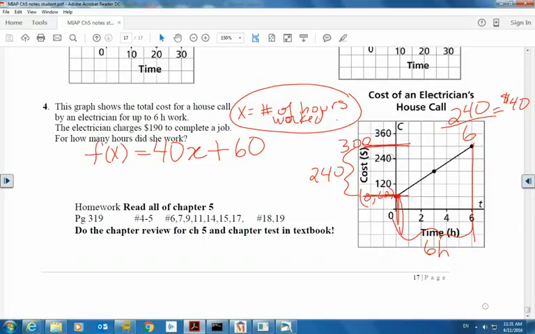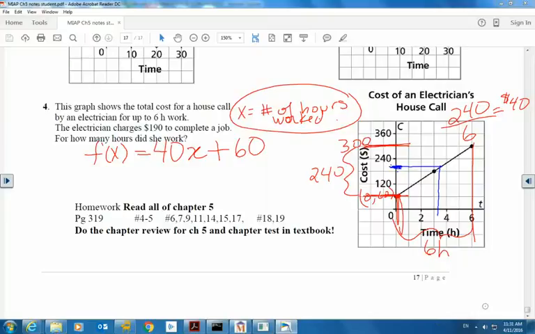We look on our y-axis, and 190 is going to be, well, what's this here? 180, and then 190 is just above that. So we're going to go over to our line until we hit our graph, and then go down from there, and I'm going to get a number somewhere between 3 and 4.